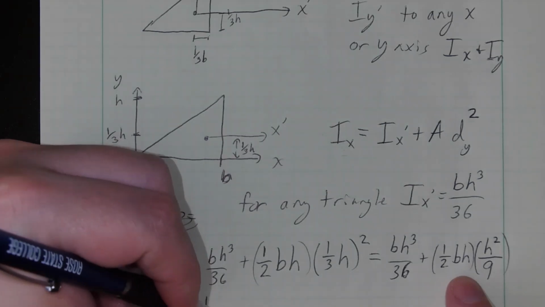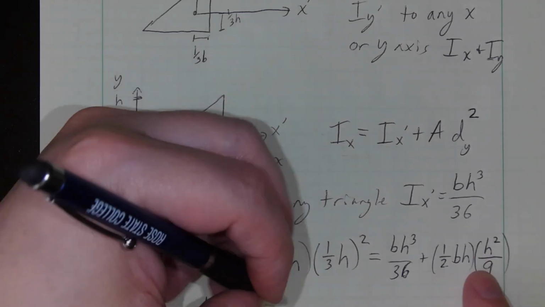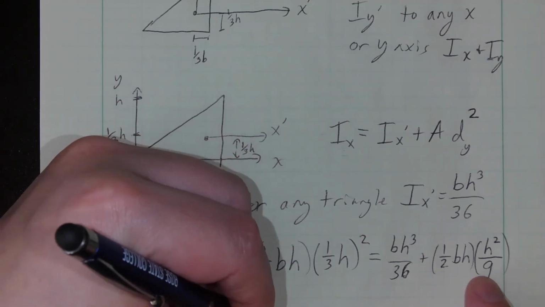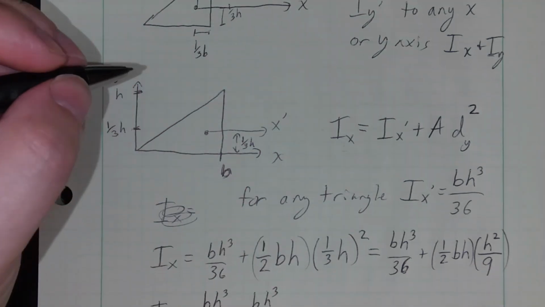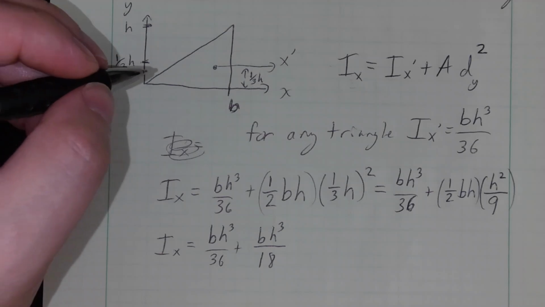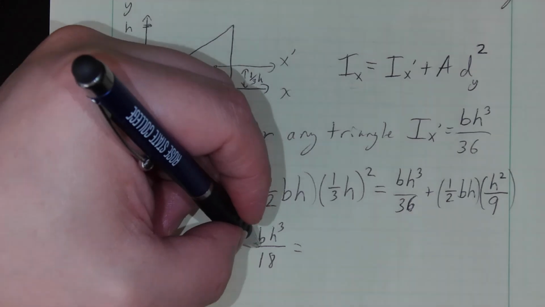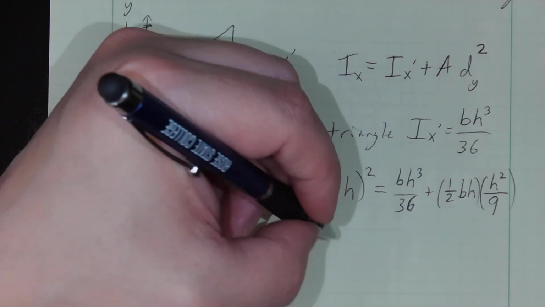Ix is going to be bh cubed over 36 plus 1/2 of 1/9, which is 1 over 18, and on top I'm going to have bh cubed. Oops, sorry. The 2 times 18 is 36, so my common denominator is going to be 36.